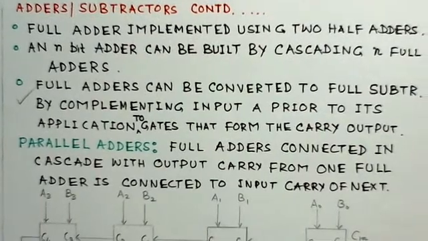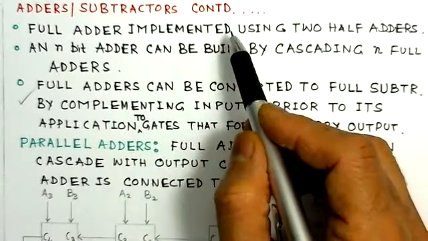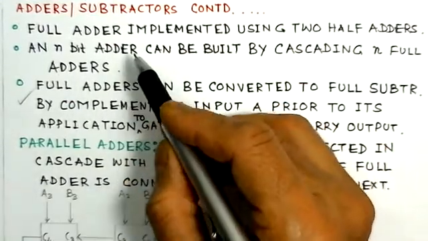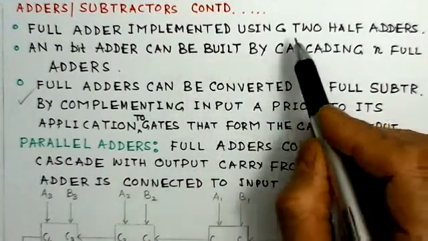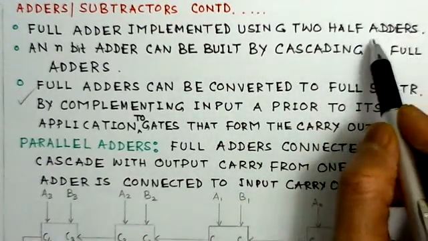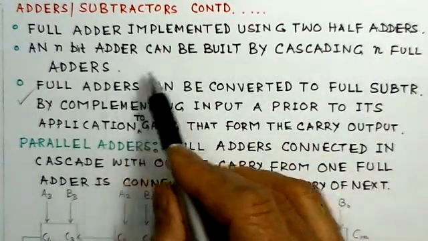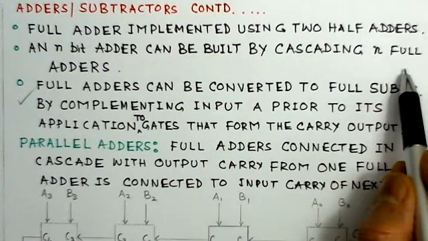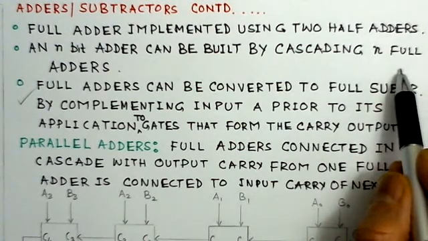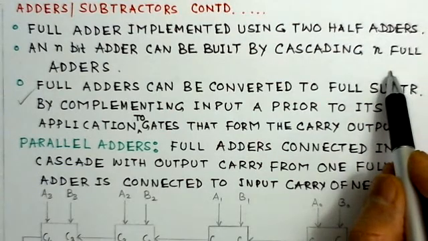Now here we have adders and subtractors continued, with some more key points. A full adder can be implemented using 2 half adders. That means by using 2 half adders you can implement the full adder. An N-bit adder can be built by cascading N full adders. That means if there are N full adders, you can cascade them to increase the number of bits.